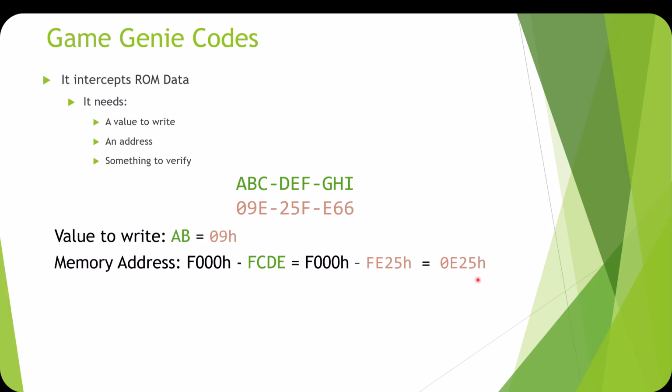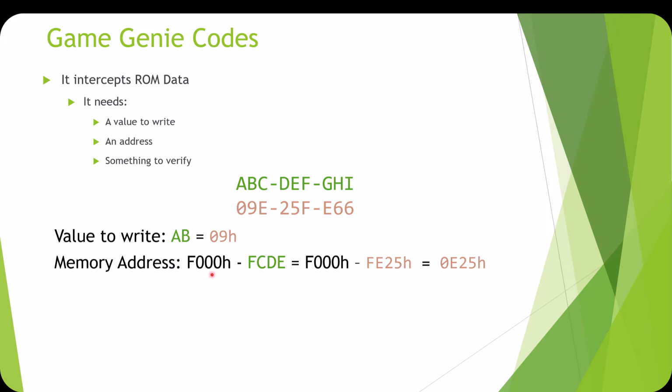This is the formula to get the memory location. The memory location is a reverse address. It starts with an offset of F000, and starting from that offset, you go up. So it means, in basic mathematical terms, we just need to subtract a value from F000 hexadecimal.